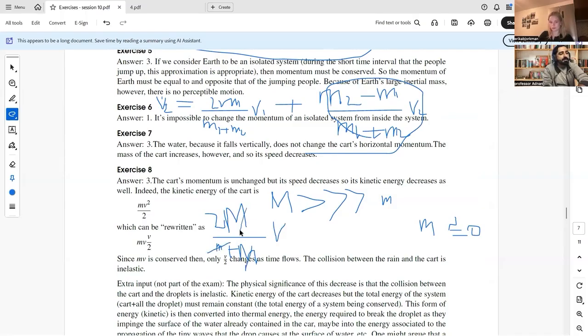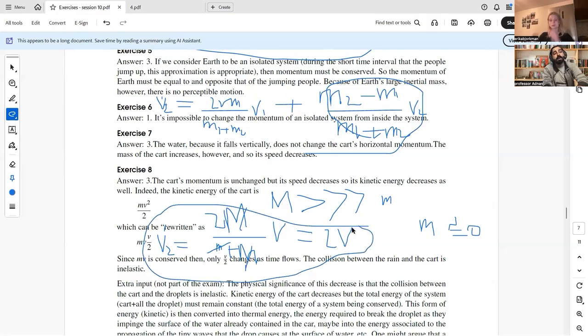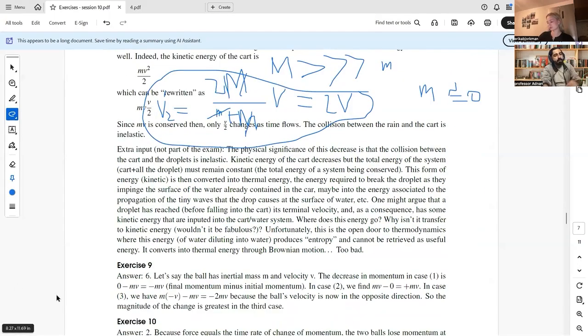M cancels, and V2 prime is equal to 2V. This is the final velocity of the hydrogen atom, that is the second object in this case. Hence, it is proved that when the hydrogen atom collides with the spacecraft, its velocity will be double the velocity of the spacecraft, that is 2v. Is it clear? Yes.